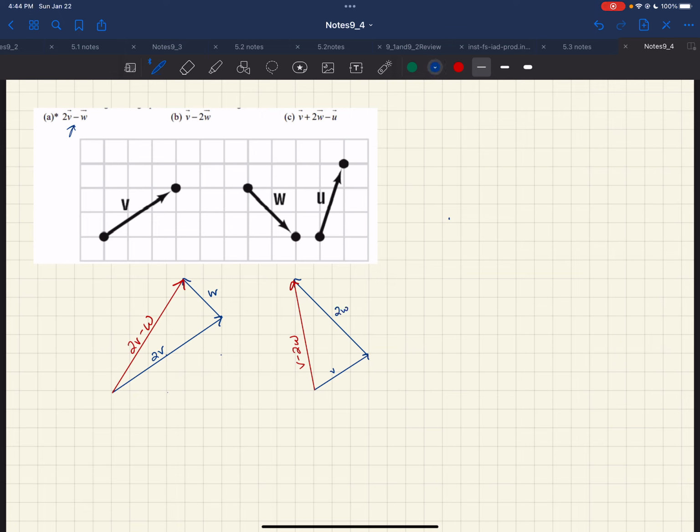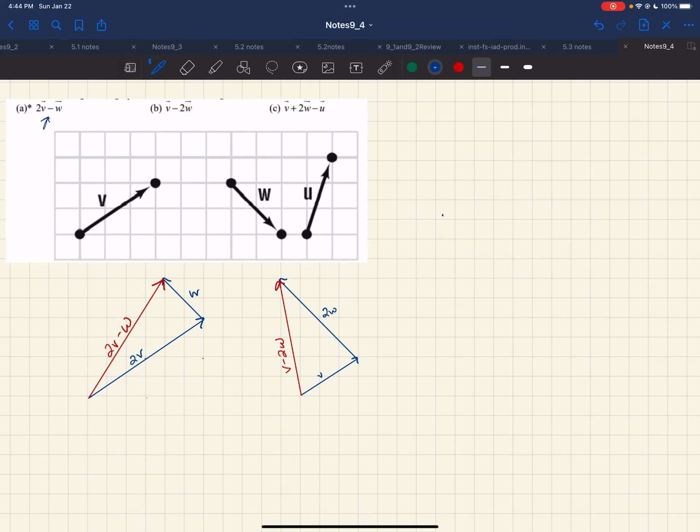All right. And then the last one is v plus 2w minus u. So the u is going to have to go the opposite direction when we get that. So let's do v. So that's 3 over, 2 up. So we've got that. And then plus 2w. So we're going to go 2 over, 2 down twice. That would be this. So this is v, this is 2w.